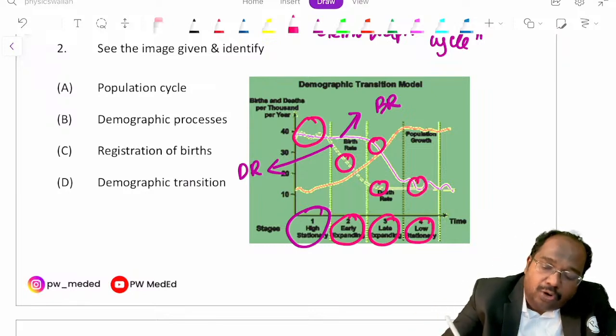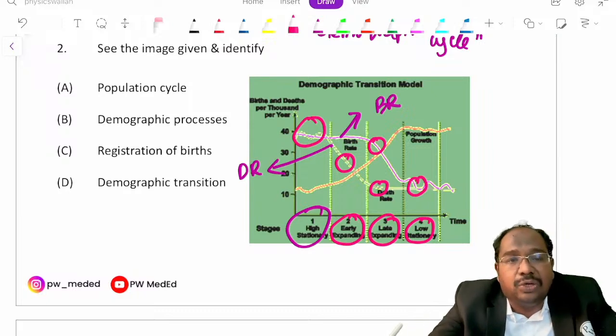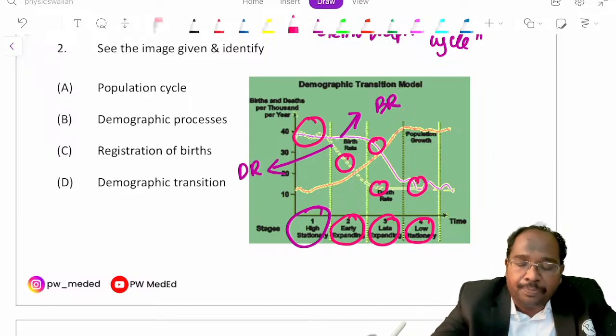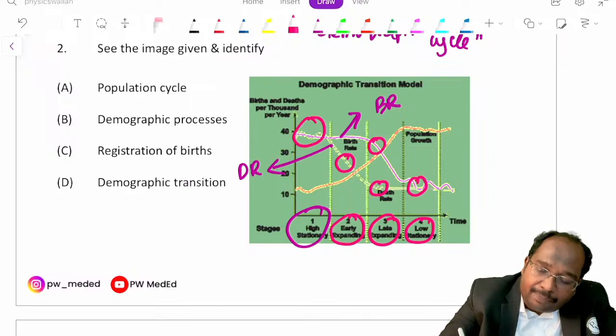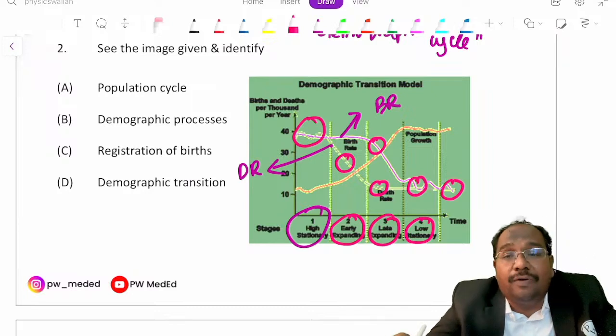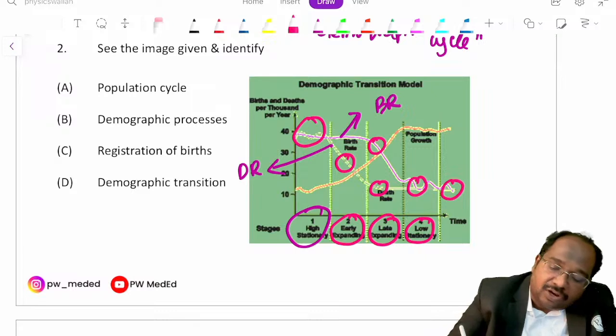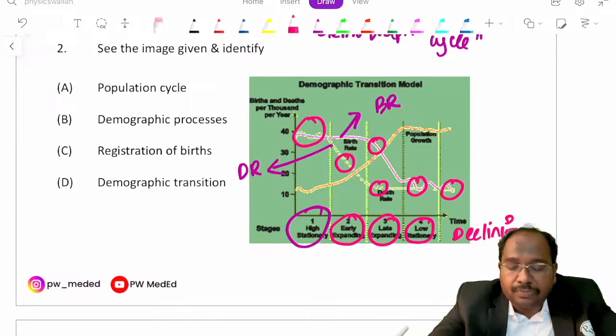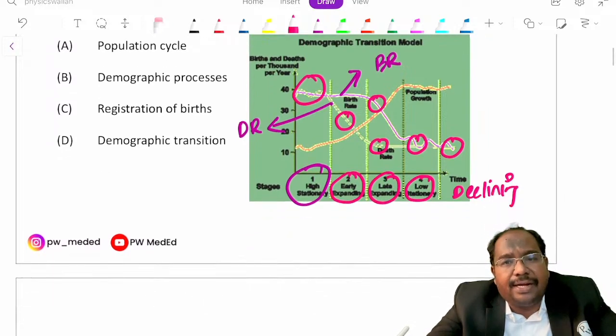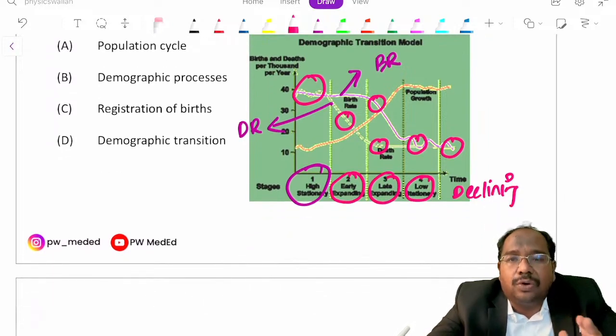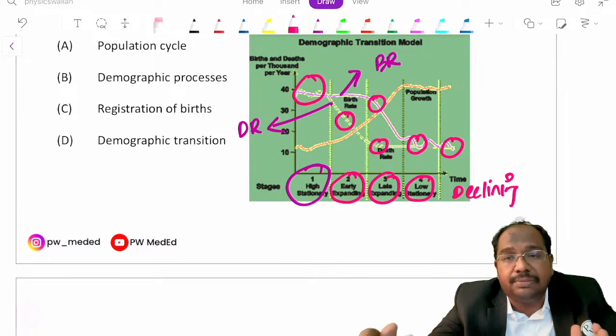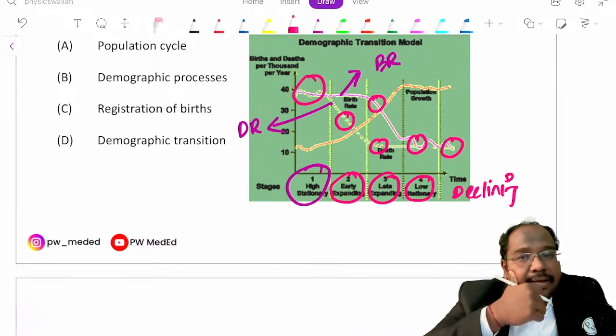Birth rate is low and death rate is also low. That is low stationary. And finally, birth rate is lower than death rate. The fifth phase is called the declining phase. So am I clear? Every country will go through these phases. High stationary: birth rate and death rate both high.